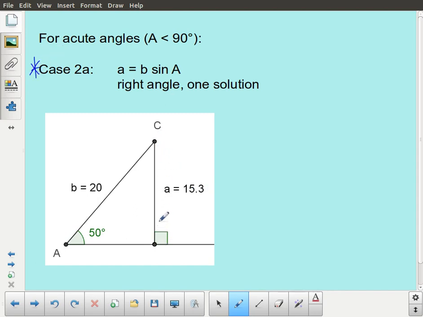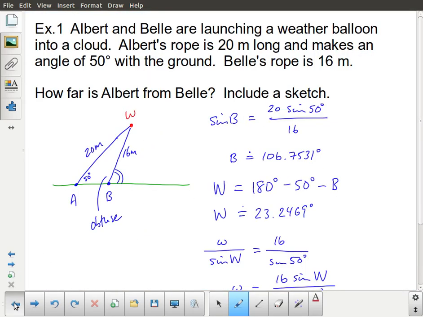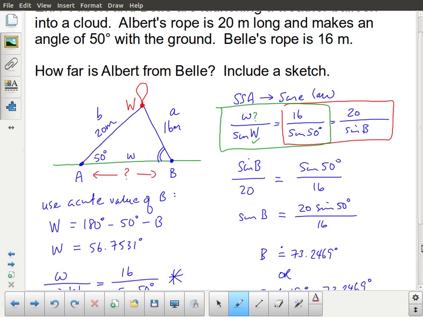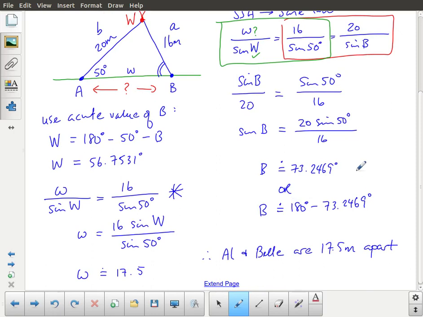If you are asked a question about the ambiguous case, this is not like our Albert and Bell question. If you're asked a question like that, you draw your diagram, you do your math, you get to an answer, and if you're using sine, you end up with the ambiguous case: two answers.